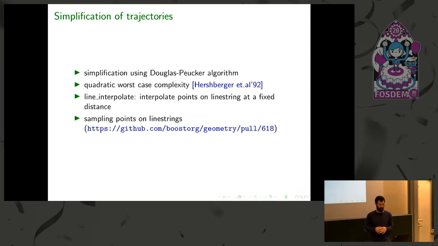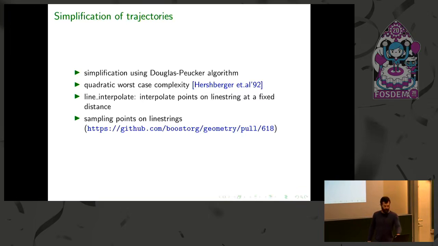And there is also a line interpolate algorithm that, given a measure, interpolates points on your line string. If you give a short distance, then you will get more points than the line string has, so the line string will be densified. If you give a larger distance, then you can get fewer points than your trajectory. You can represent your trajectory with fewer points.